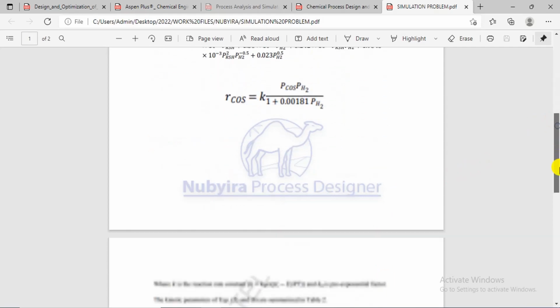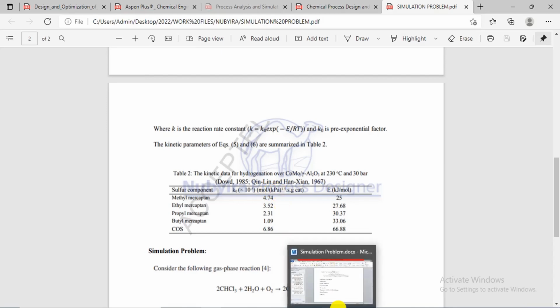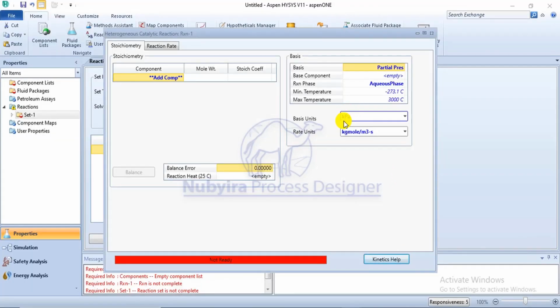Then let's check the table again. Okay, so from the table we have K0 has mole over kPa, right? So our exact unit for pressure will be kPa. So we don't need to change this. We change to partial pressure because of the rate expression, but we don't need to change this one, because our K naught value is with respect to kPa.